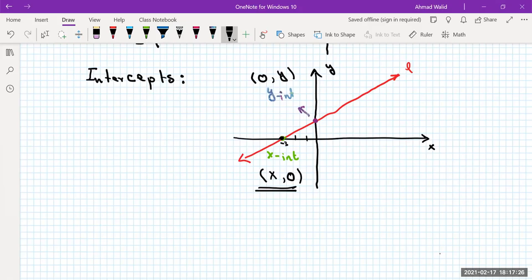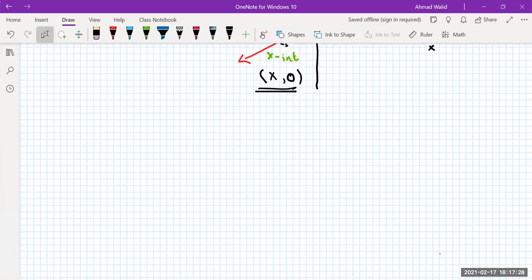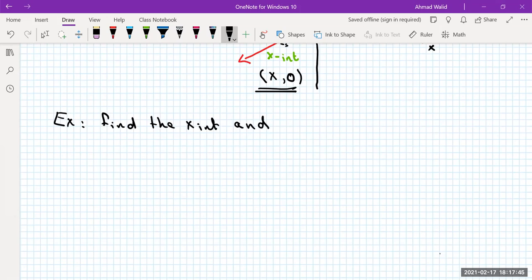Let me do an example on this lecture. Find the x-intercept and y-intercept of y equals, let's say, 2x plus 1.